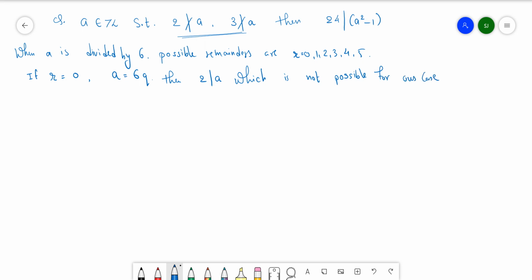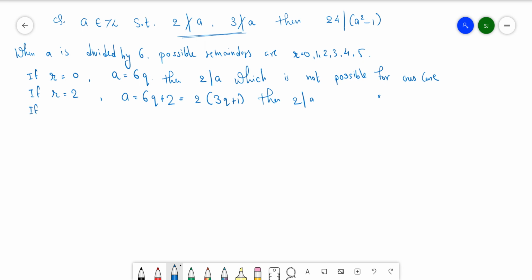Similarly, if r is equal to 2, then a is 6q plus 2, which is 2 times 3q plus 1. Again, 2 divides a, which is not possible for us, right?